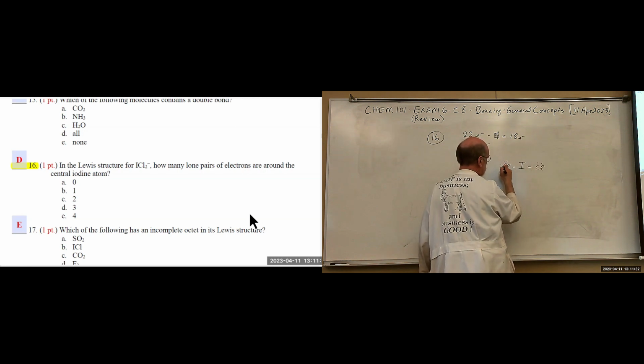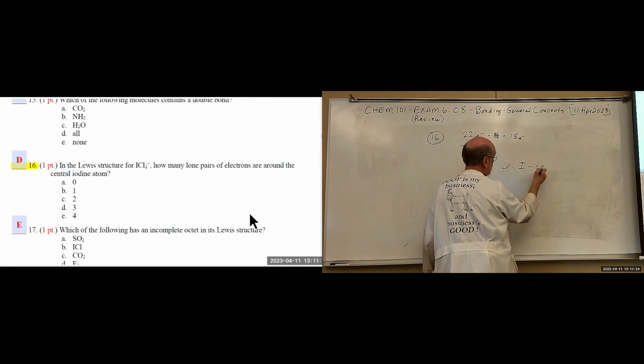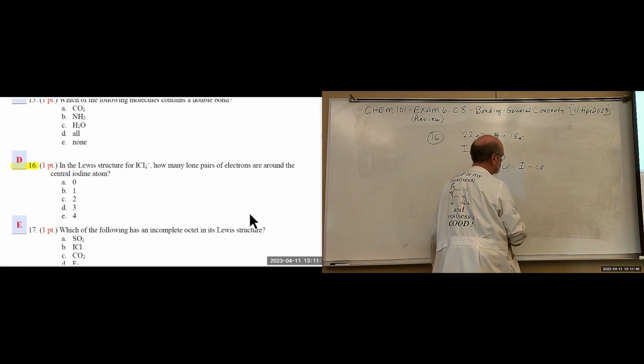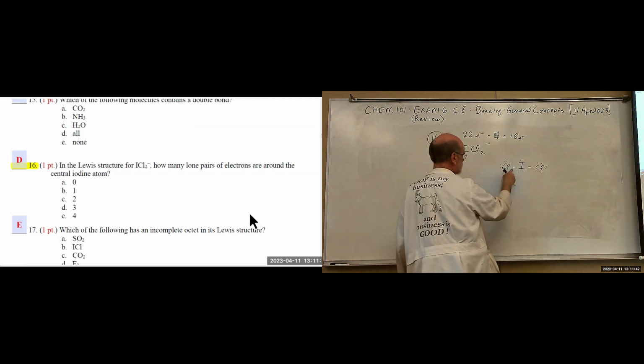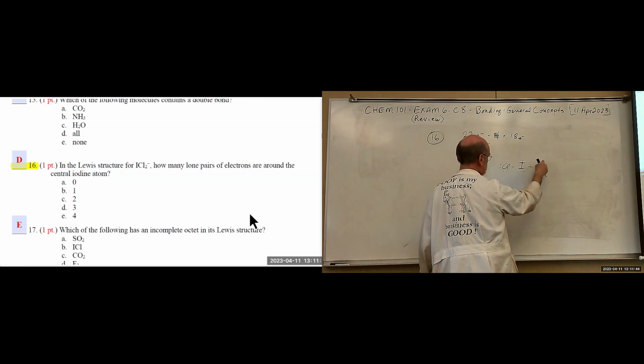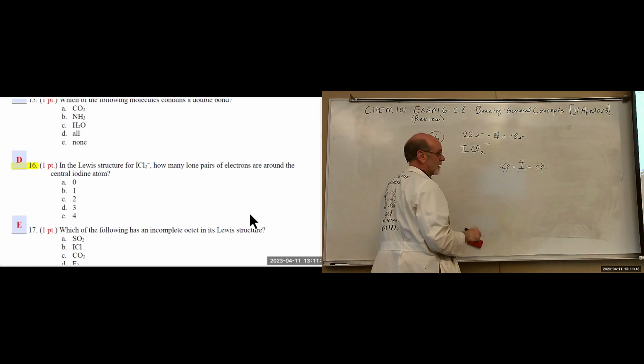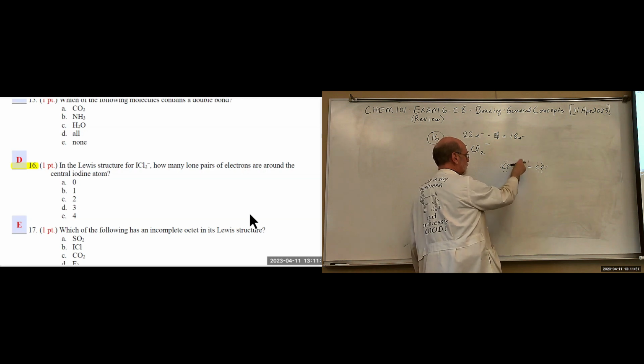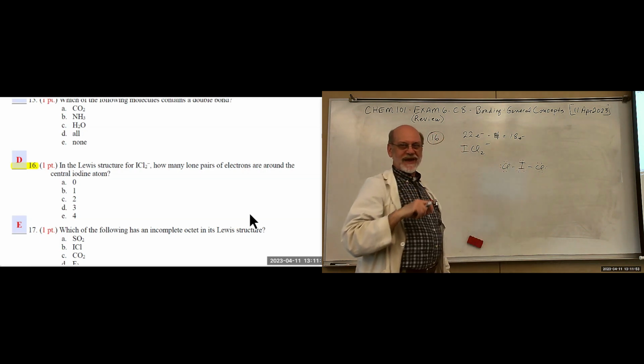2, 4, 6, 8, 10, 12, 14, 16, 18. They're right. 2, 4, 6, 8, 10, 12, 14, 16, 18, 20, 22. Okay. So how many lone pairs are around the central atom? 1, 2, 3. 3 lone pairs.